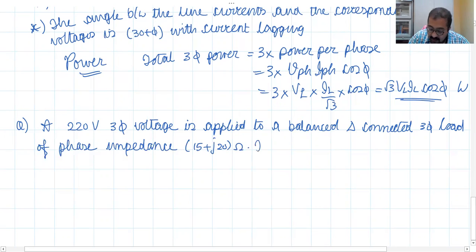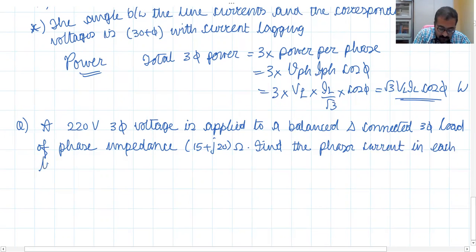Find the phasor current in each line. What is the power consumed per phase?